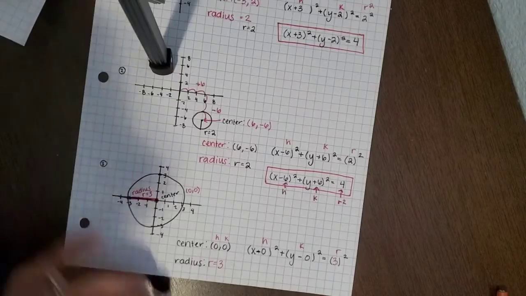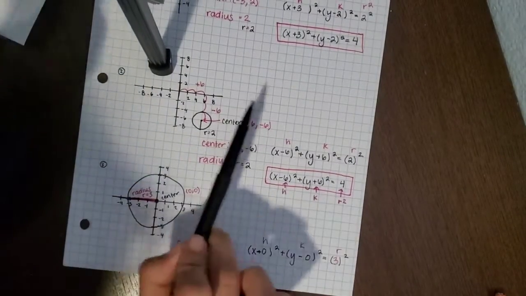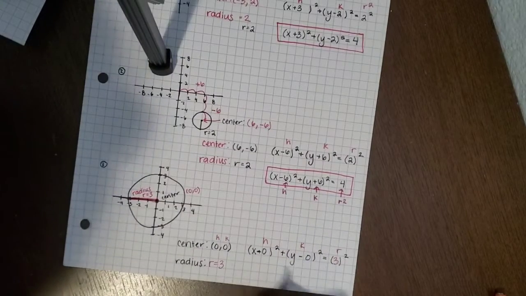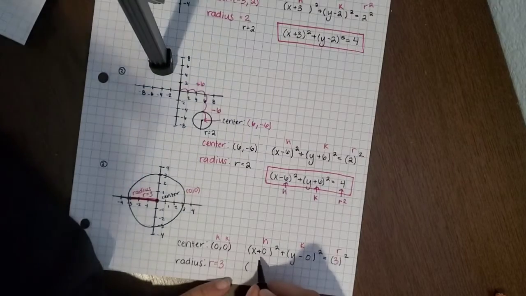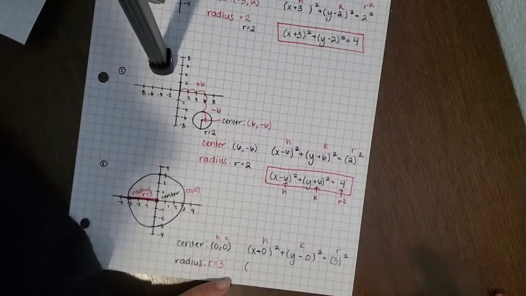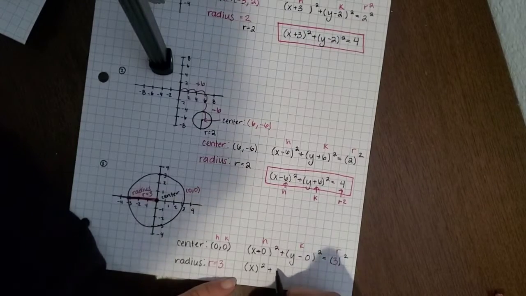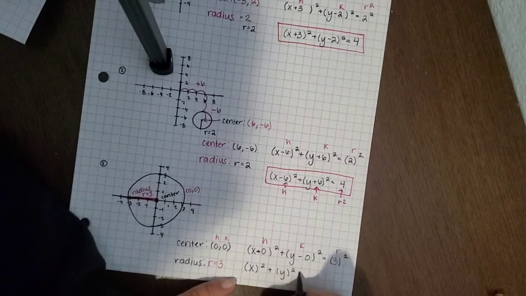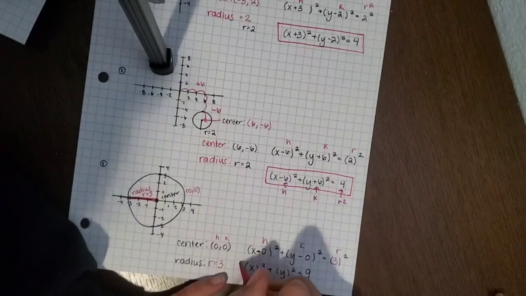That's why I said it doesn't really matter. But I'm just going to keep it to look like the equation above. So now when I want to write this as my final equation, since 0 has no value, I'm just going to write my x by itself. x squared plus y squared is equal to 9. This is my final equation.